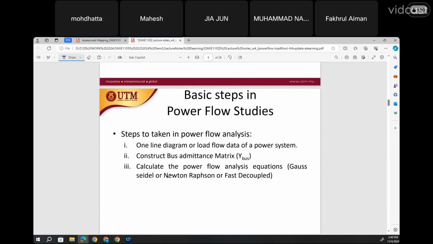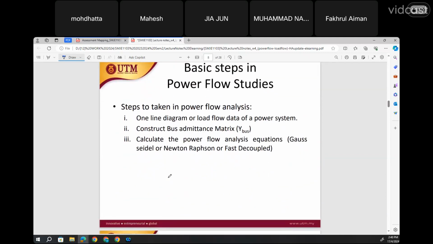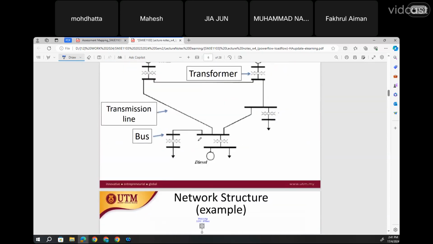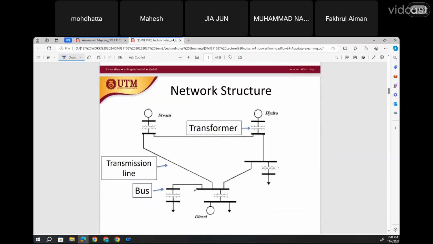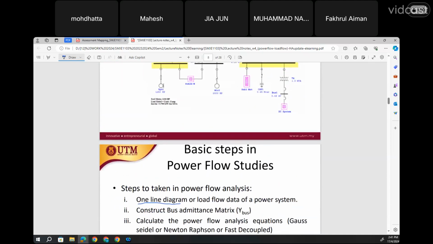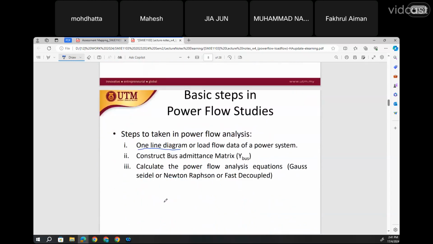All right, basic steps in power flow studies, the steps taken in power flow analysis. We have three over here. First, you need to have the one line diagram or single line diagram, or in some cases a simple network architecture, so that you have all the information on the connections and also the power rating for each of the buses.